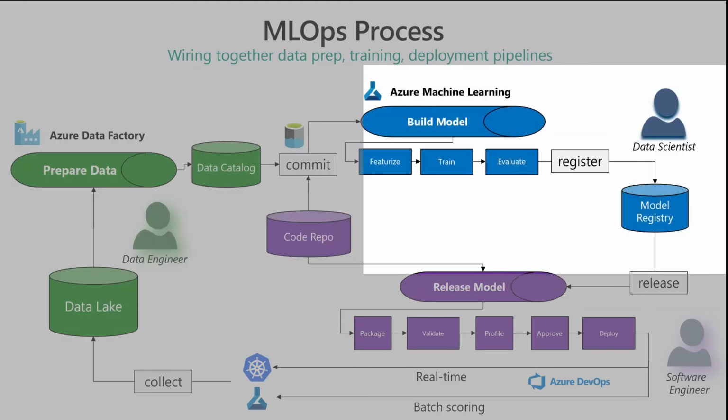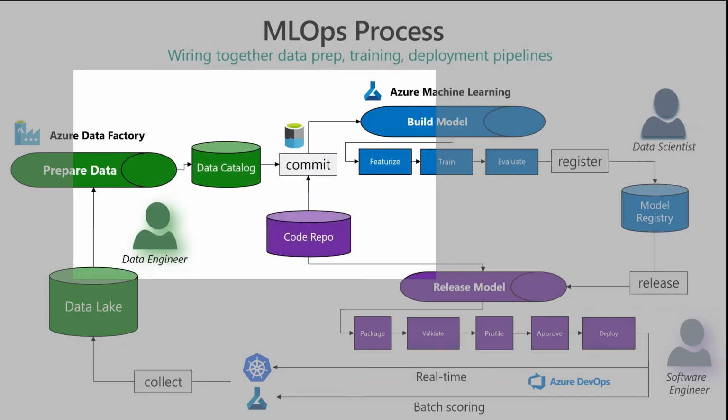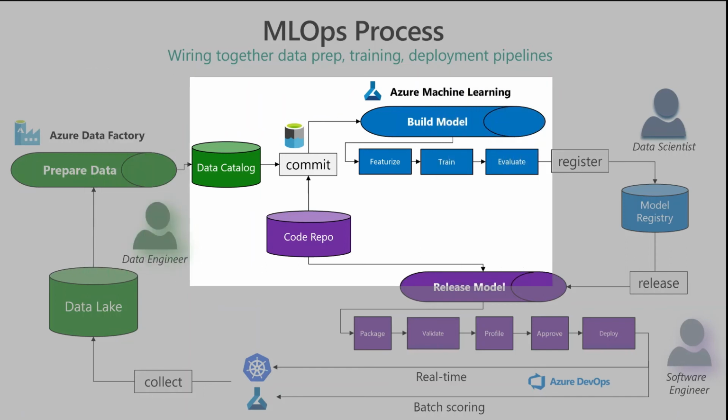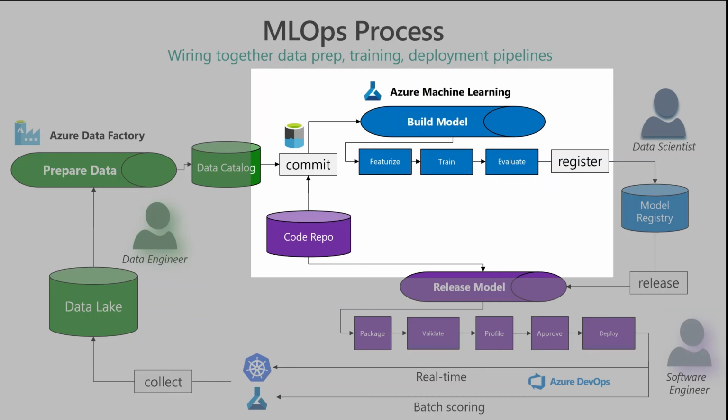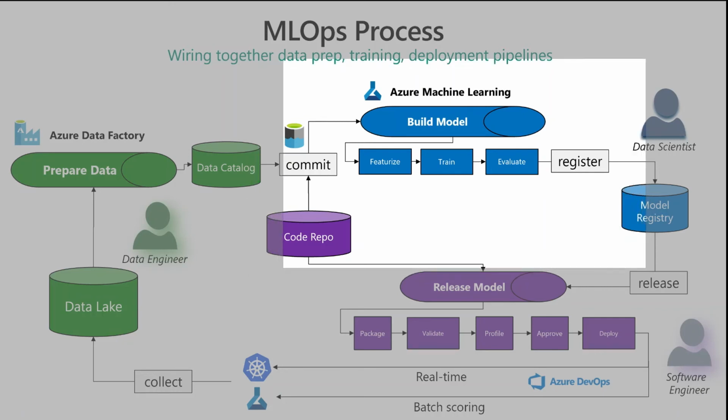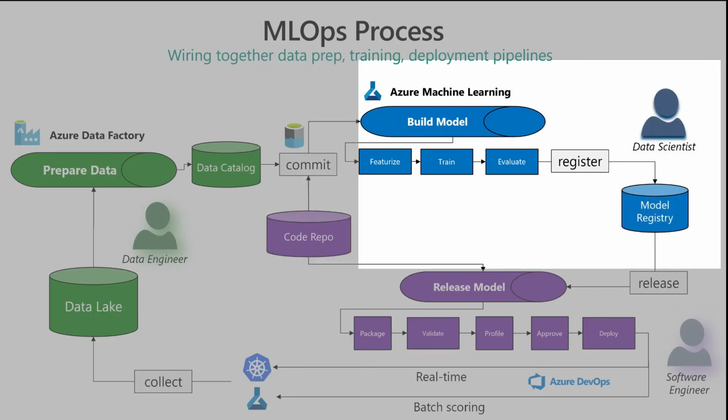Then the data scientist comes in, accessing the data from a centralized data catalog to further perform the data preparation step and then move into featurization to train different models, evaluate the model against their validation dataset, and do hyperparameter tuning. And once the data scientist is satisfied, they register the model.